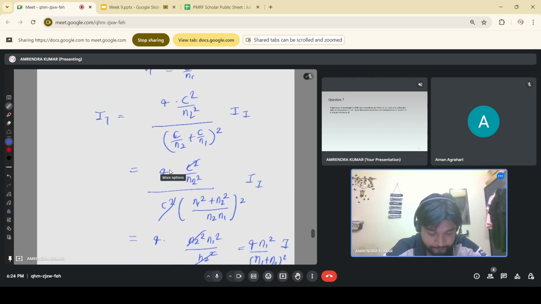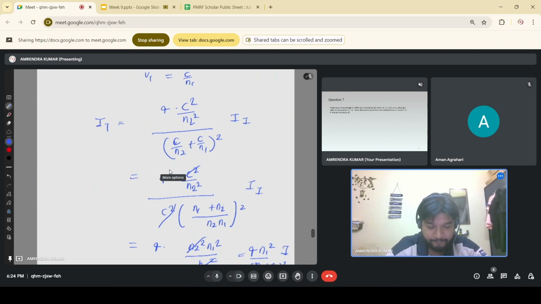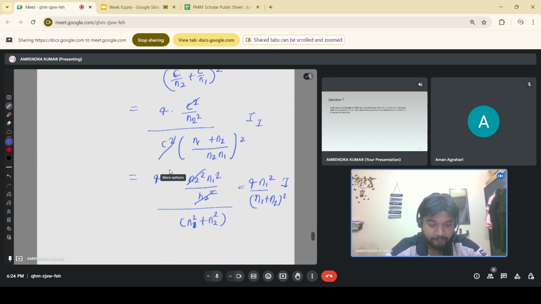This plus n2 is the one square inside the... So it's n2 whole square, and already we have that there.